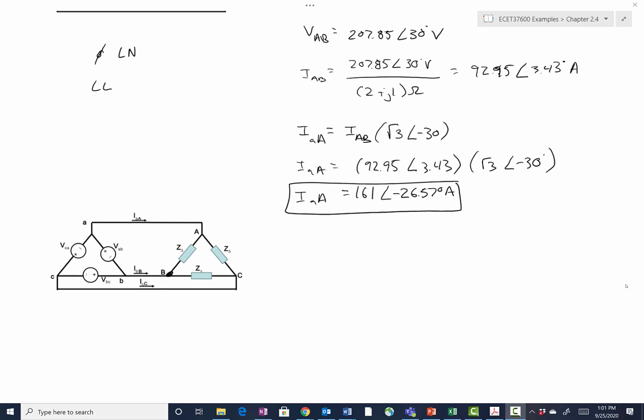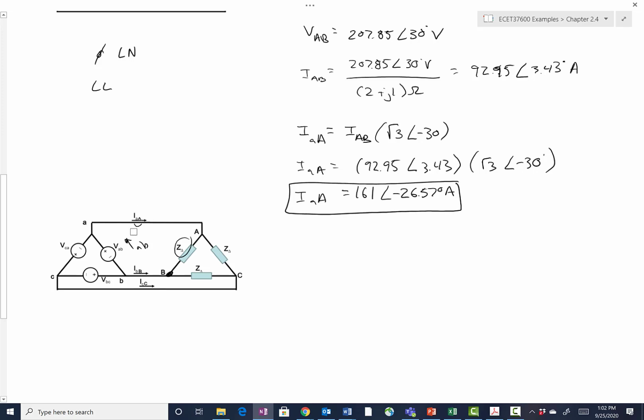On to part C. What we're asked to determine is what IAB is here. So that is the phase voltage coming out of the AB source. That one's a little complicated because you can see IAB does not directly equal IAA, and it doesn't directly equal the current flowing through the load.